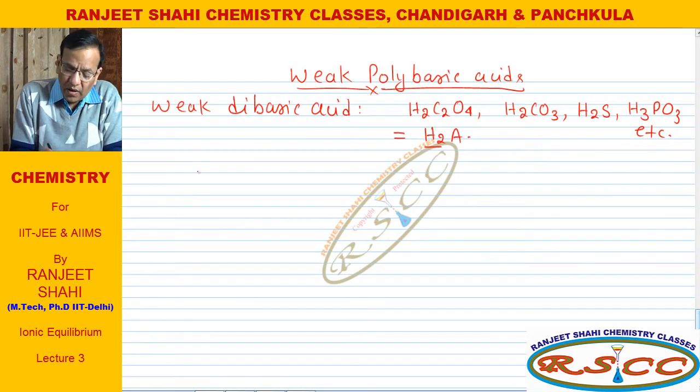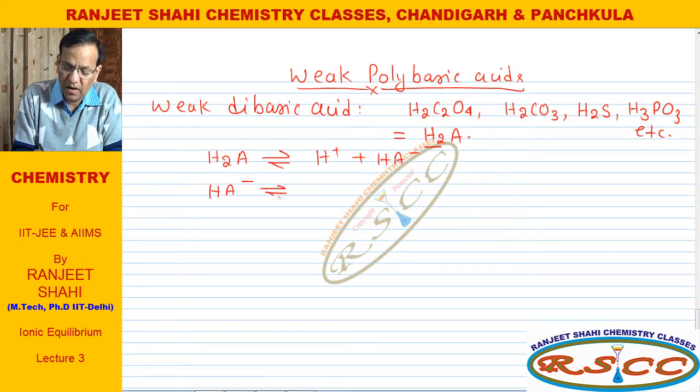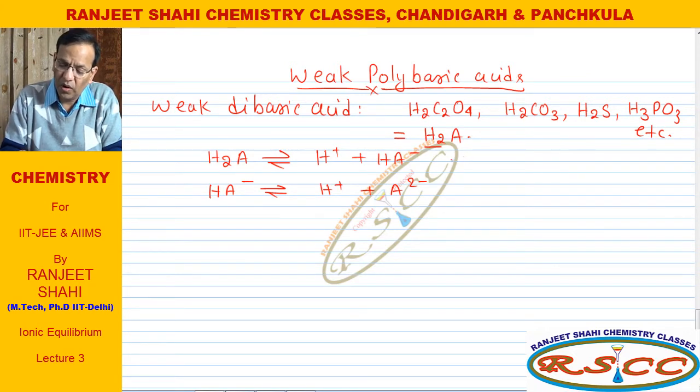The ionization of dibasic acid can be expressed as H2A ionizes to give H+ plus HA- in the first step, and then HA- ionizes in the second step to H+ plus A2-. For the first step of ionization, we define K1, which is equal to the concentration of hydrogen ion into the concentration of HA- divided by the concentration of H2A.